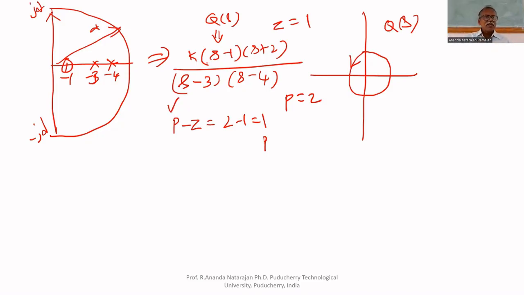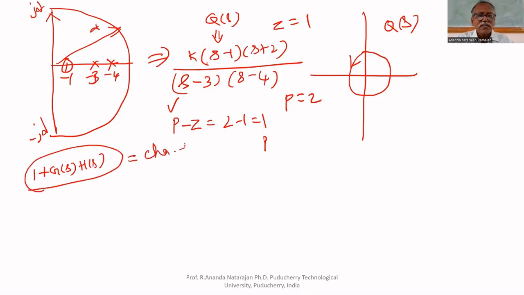So this is the mathematical basis we have already seen. Now let us consider 1 plus G of S, H of S. For a unity feedback system, you can include H of S also. What is this? This is the characteristic equation.